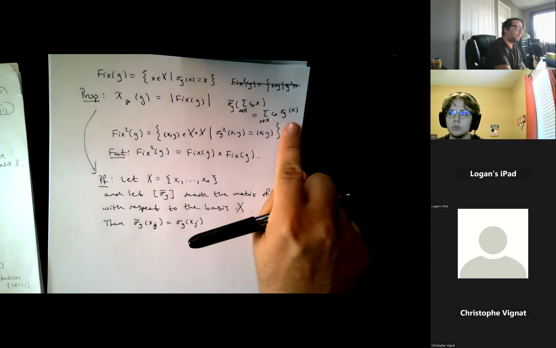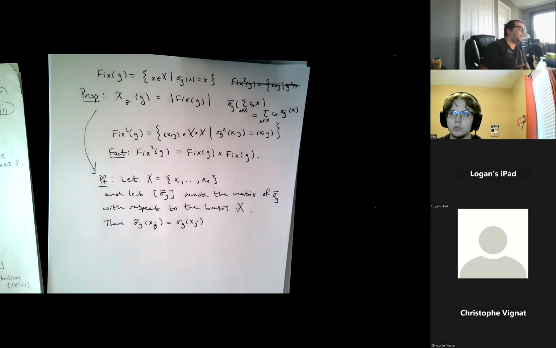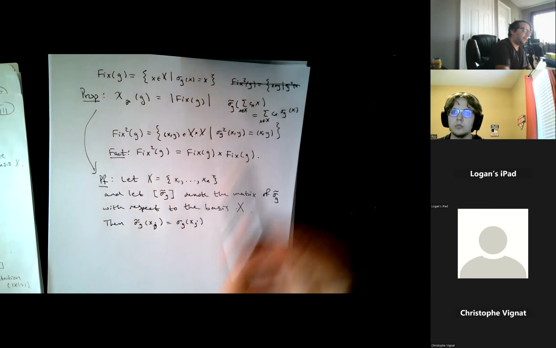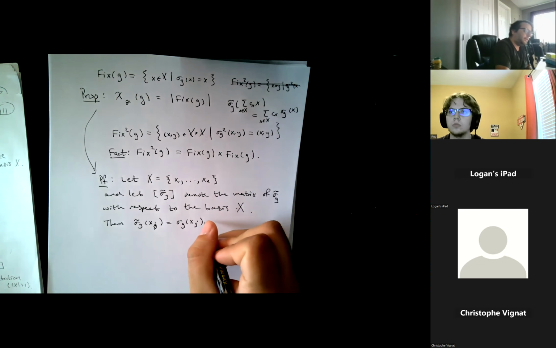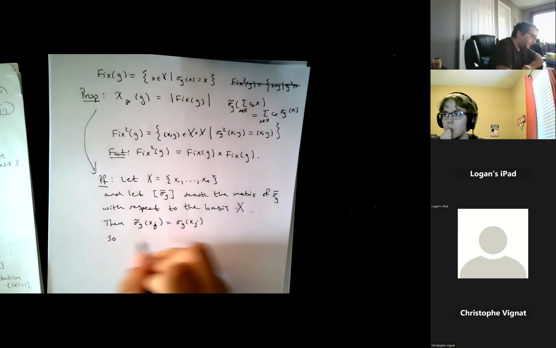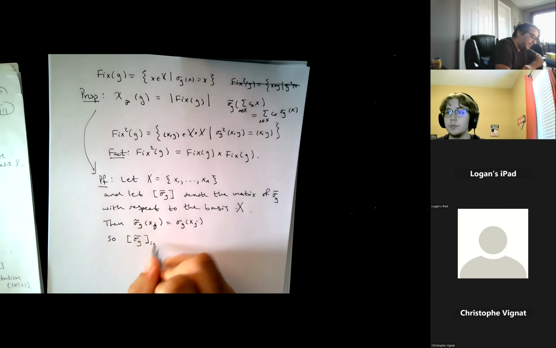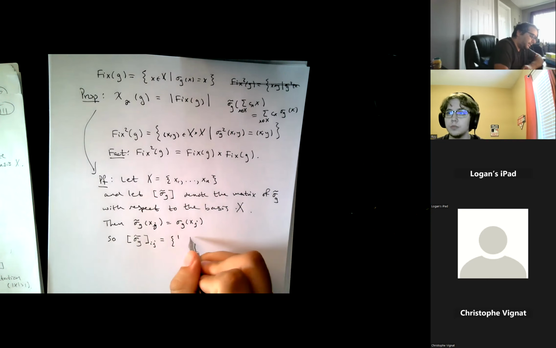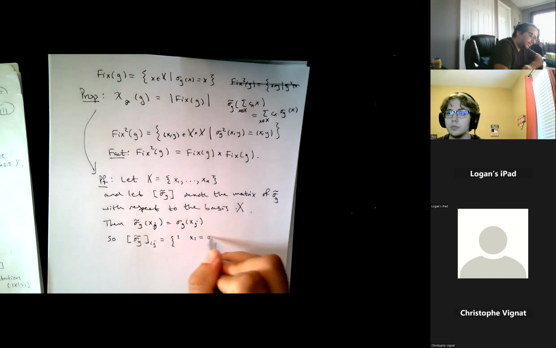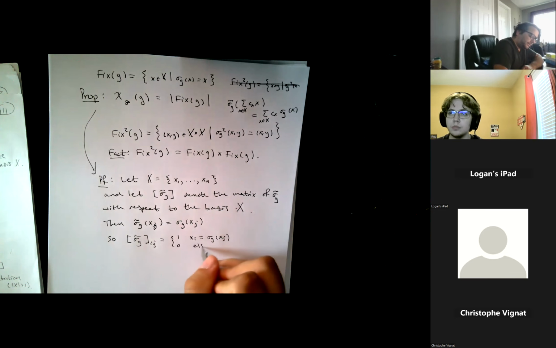So xj is one of these basis elements, so we're basically just setting the constant equal to 0 except for xj. This means that the ij entry of sigma g tilde is 1 if xi is equal to sigma g of xj and 0 otherwise.